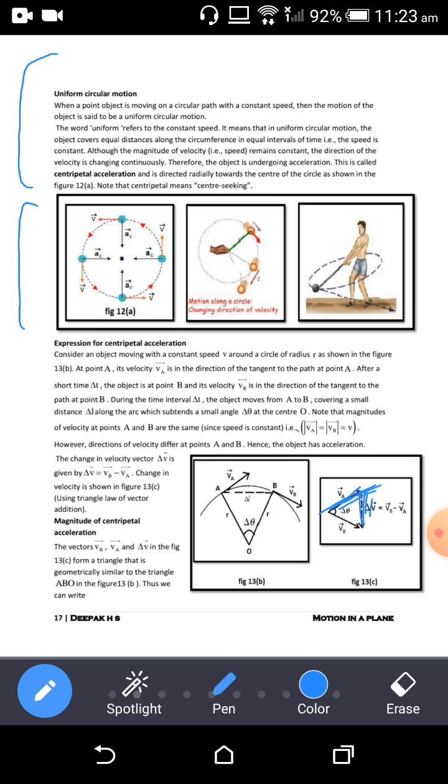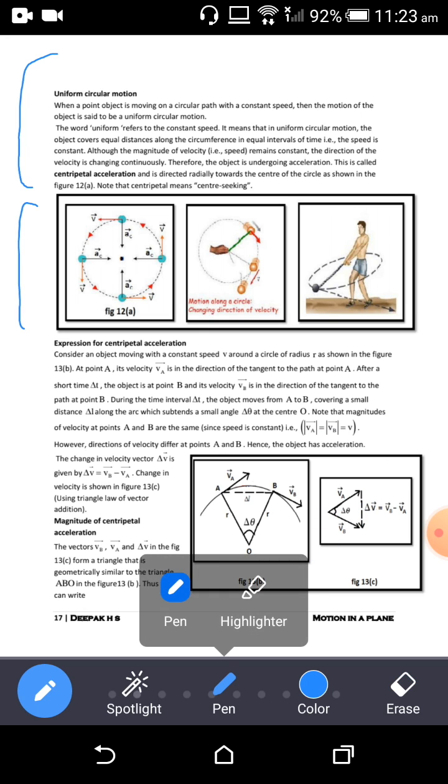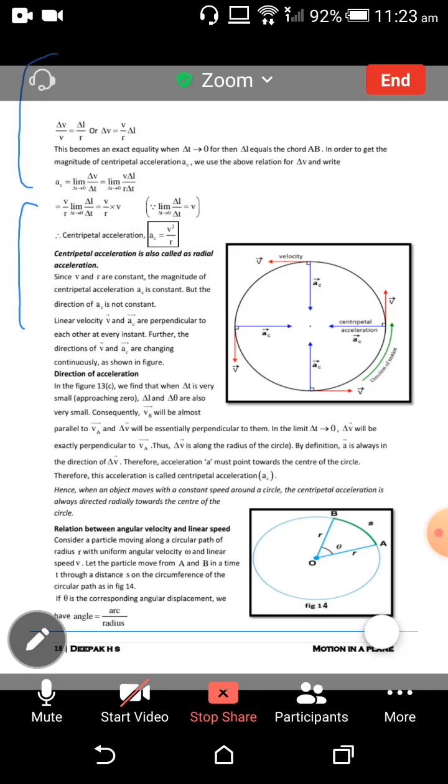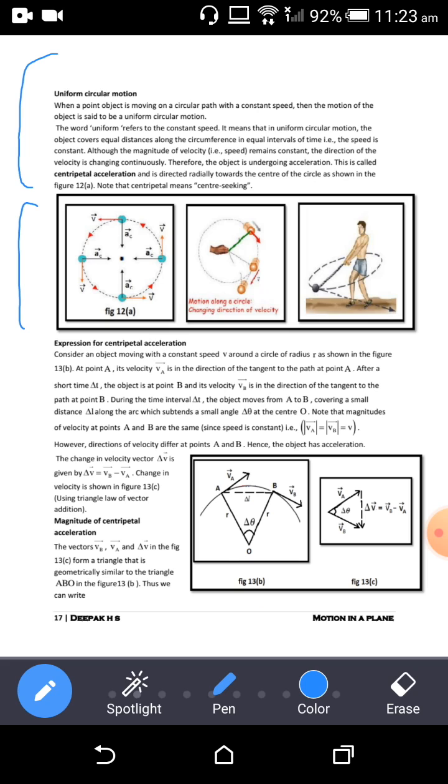Magnitude wise, delta va and delta vb is equal to v itself. So delta v by v is equal to delta L by R. Compare that with this figure again.